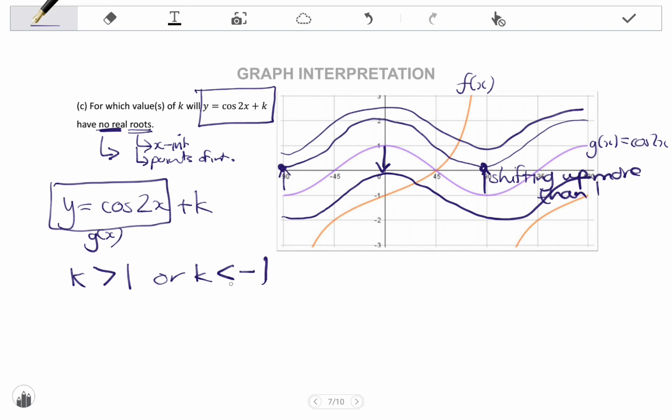Okay, wait, let's just think about this. If I shift it down by 1 unit, it's -1. If I shift it down more than -1, it's -1.5, for example. If I shift it down by 2, I would subtract 2. Okay, so the values are -2, -1.5, -1. So these values are less than -1. So that is correct.